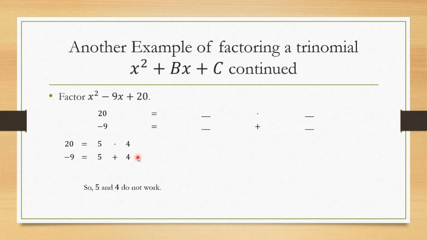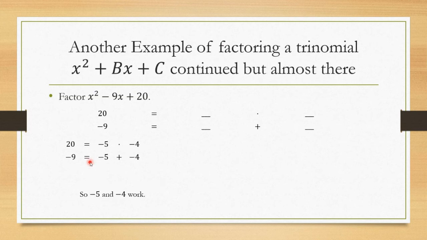Well, 5 and 4 almost work. We know 5 times 4 is 20. The sum, 5 plus 4, is that negative 9? No. But you can see we're close. It's 9, but it's not negative 9. So what do we do now?